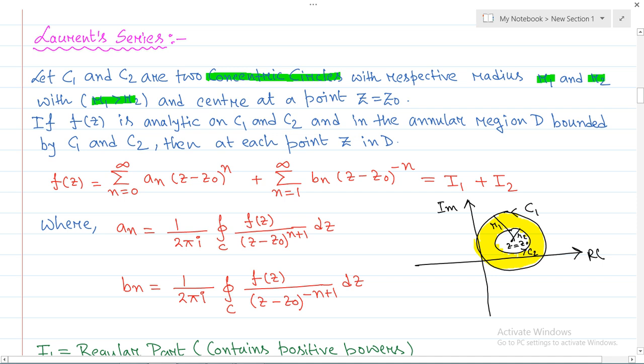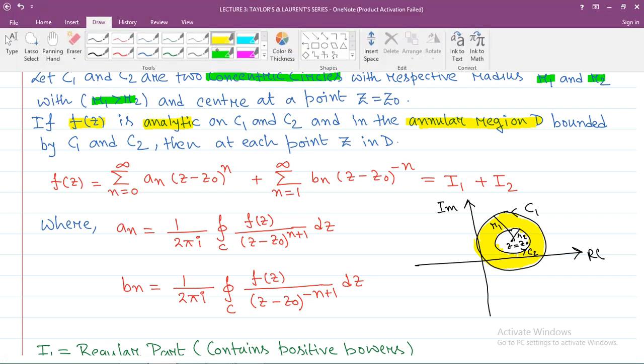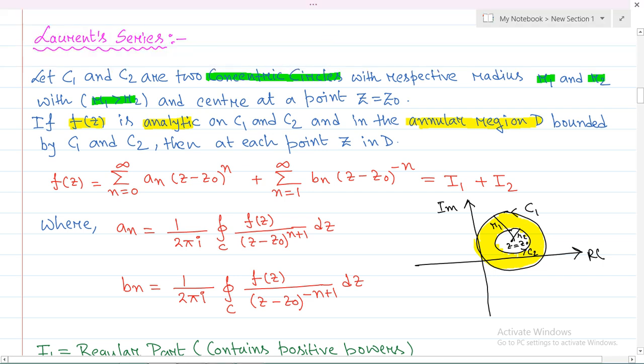So for Laurent series, it says that suppose we are having this type of annular region and one function f of z is taken in this annular region, where this function becomes an analytic function within this annular region D. Now if it happens, then for each point z inside this annular region, so if we choose any arbitrary point inside this annular region, say this is a point z equal to z1, this is another point z equal to z2.